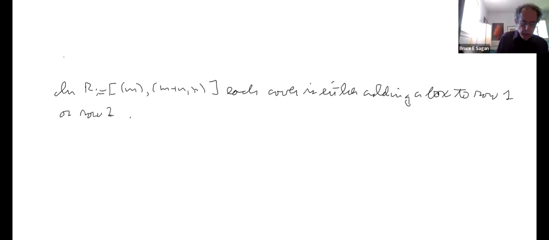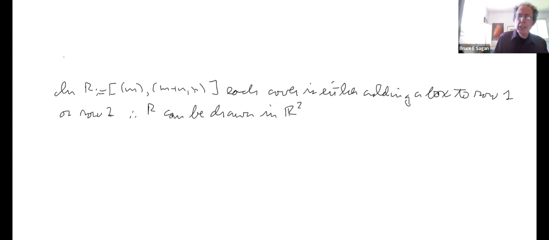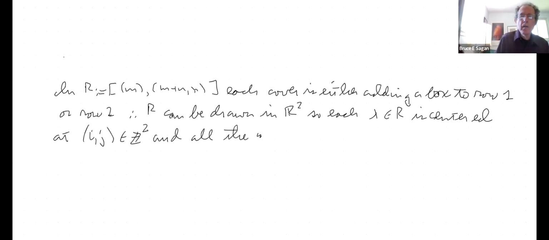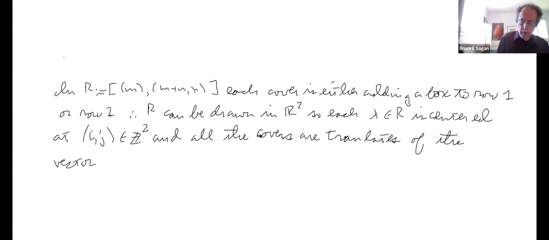So therefore, and this is crucial, R can be drawn in the plane, R squared, so that each of these lambdas is first of all centered at an integer lattice point, and all the covers are translates of the vectors i plus j or i minus j.